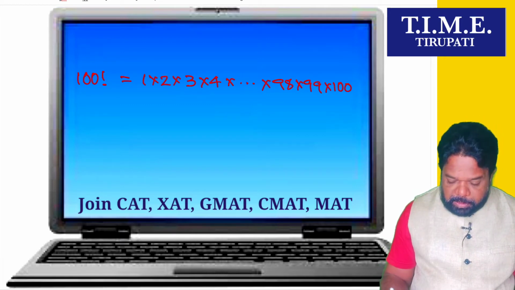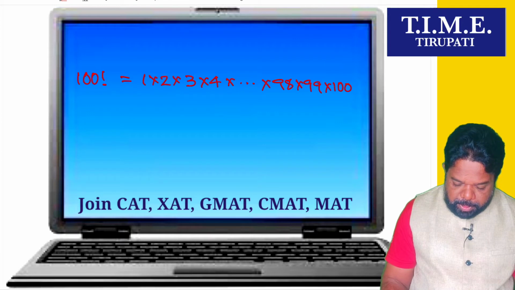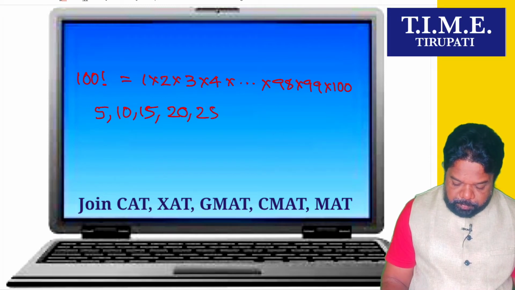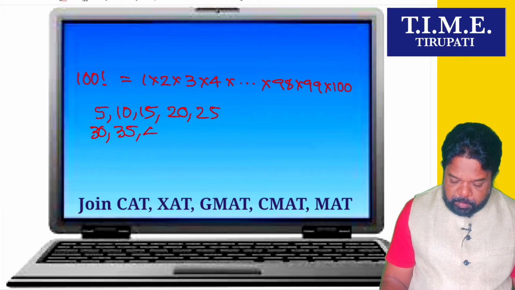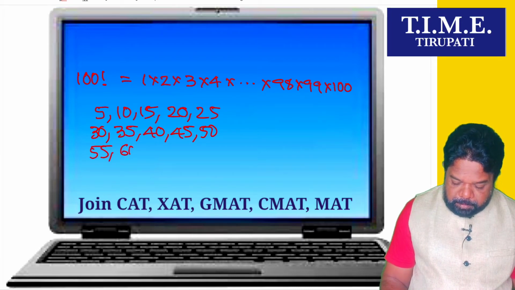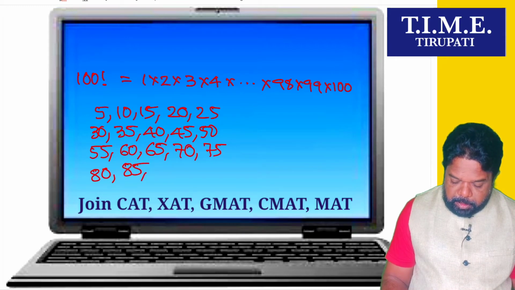So practically, if you calculate the 5's: 5, 10, 15, 20, 25, 30, 35, 40, 45, 50, 55, 60, 65, 70, 75, 80, 85, 90, 95, 100.